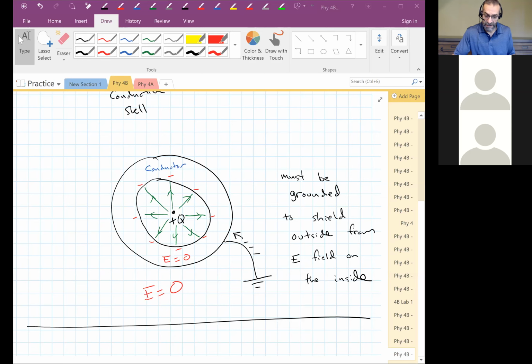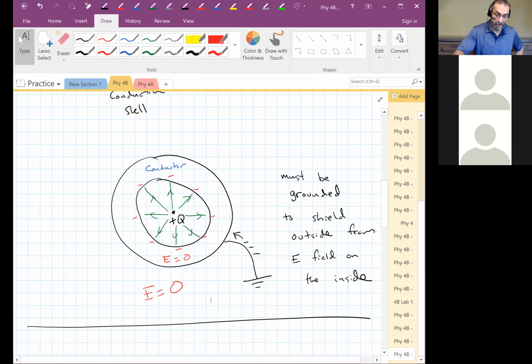If E is 0 inside the conductive shell, and there's a charge inside the conductive shell, does the charge inside the conductive shell experience a force? Well, first of all, E would not be 0 inside the conductive shell if there was a charge inside the conductive shell.